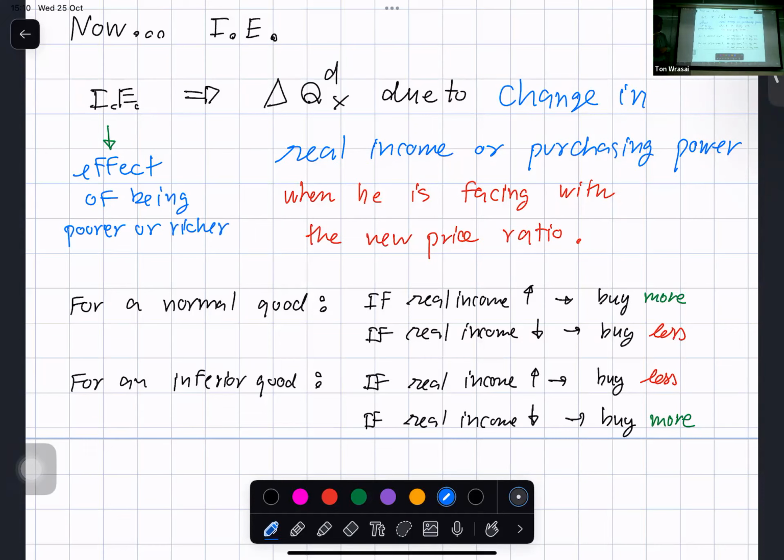In other words, the income effect is about the effect of being poorer or being richer.